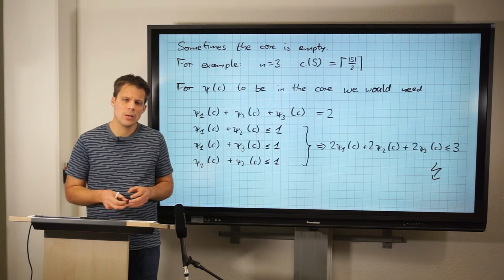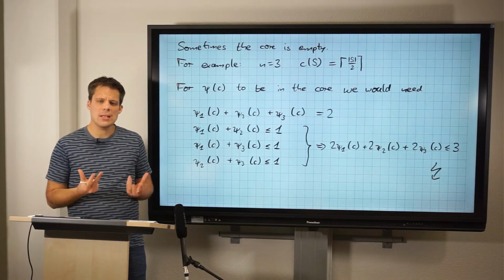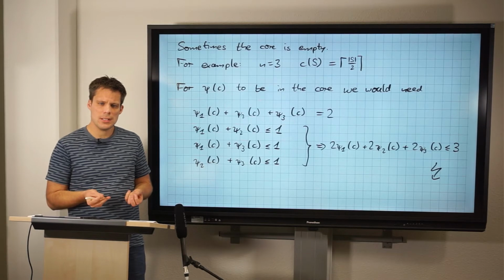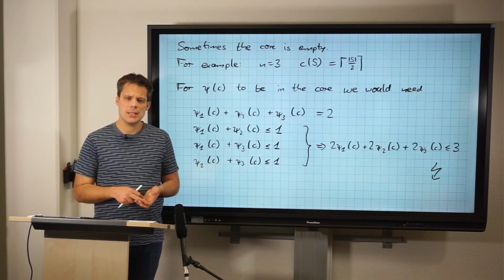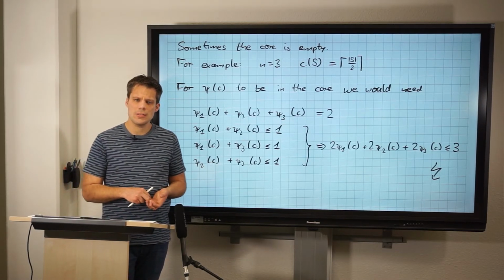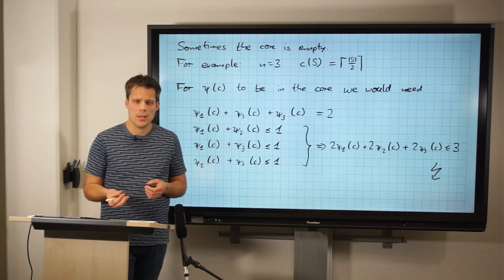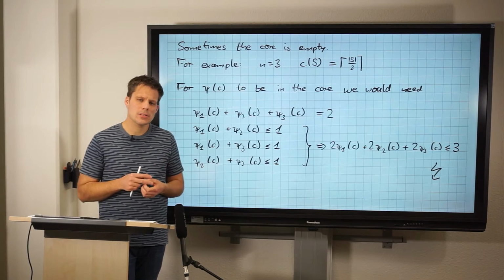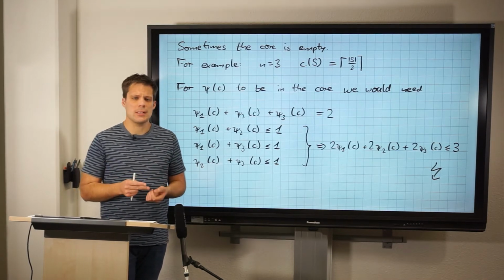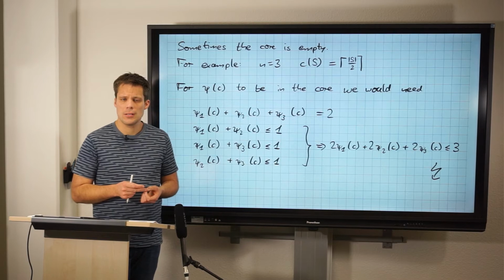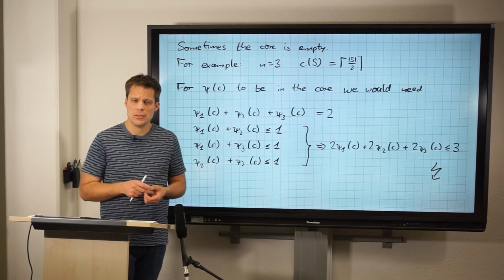So this core, this is a nice idea, and sometimes there is indeed such a cost-sharing vector, sometimes there isn't, unfortunately. Of course, you might now ask the question, when is there a cost-sharing vector in the core?